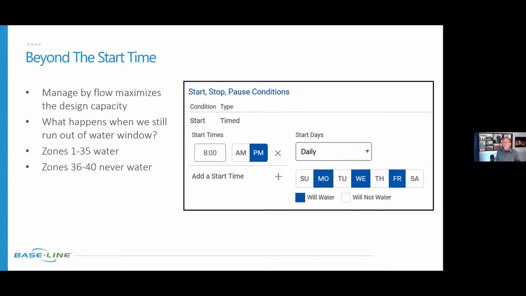But what happens if you still run out of water window time? Ultimately, you're going to have zones that don't get water. Maybe the first 35 zones get water, but zones 36 through 40 never get watered because they keep getting cut off every time. So there's a really interesting concept that Chris, I'd like you to bring up.